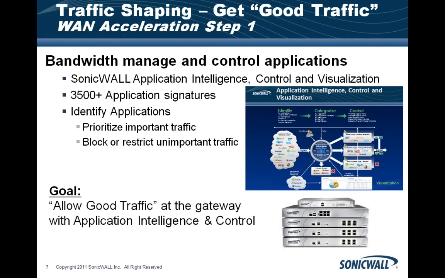We can even block specific use cases within a specific application. So for Yahoo IM, as an example, we can allow the chat to take place between two Yahoo IM clients, but we could block the ability for somebody to send a file using that IM program. So there are a lot of different use cases that administrators are utilizing the app intelligence and control for.